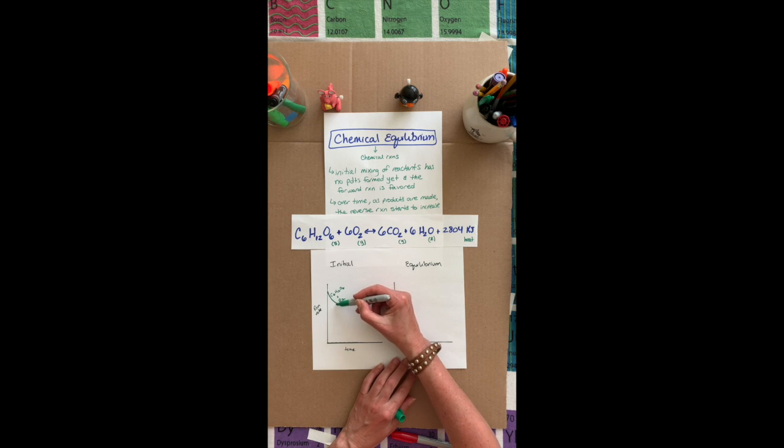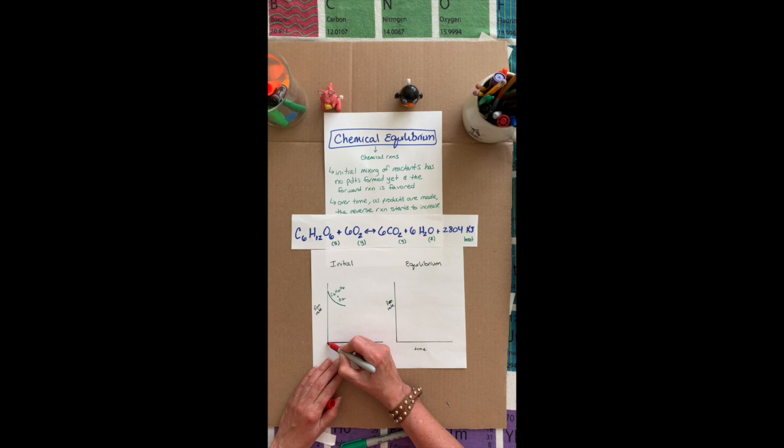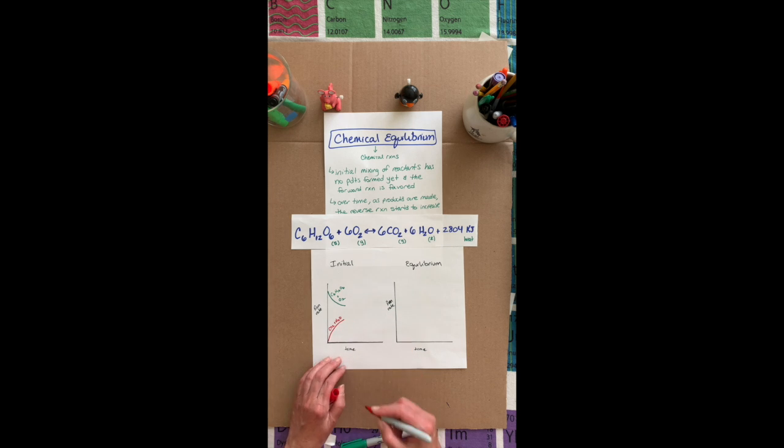In the beginning of that reaction, you have a certain amount of these reactants, and as they collide and interact with each other, they start to decrease in amount. Why? Because we also have products being formed. So there were no products in the beginning, but products start to become formed. And in this case, it's CO2 and H2O. So that's in the beginning.